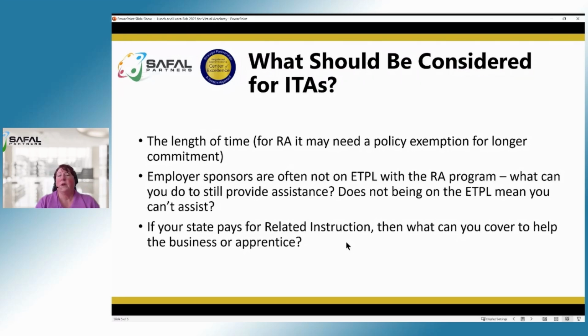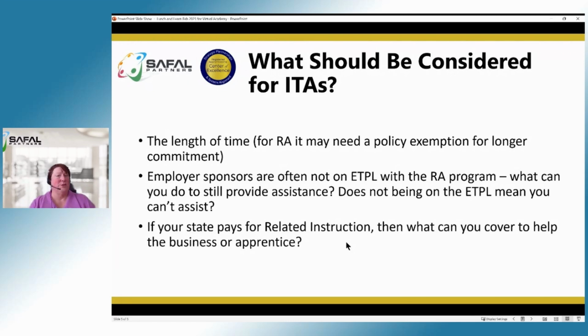I highly recommend that you try to get your employers on the ETPL. But if they're not comfortable, maybe have them sit down with your OA, Office of Apprenticeship, or SAA, State Apprenticeship Agency, representative to have a fuller conversation.